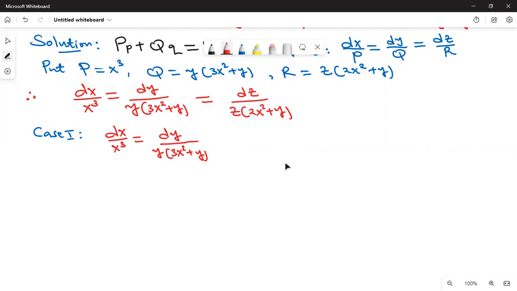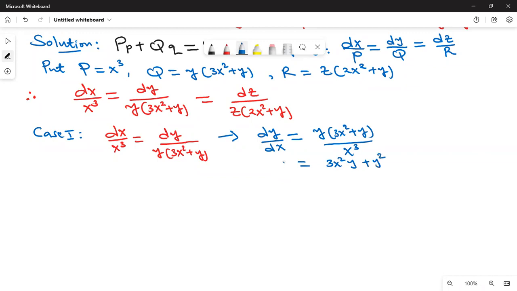So this is a first order ODE. We need to classify it before we find the solution. Remember, this equation can be written as dy over dx is equal to y into 3x squared plus y divided by x cubed, which, if I open the bracket, is the same as 3x squared y plus y squared over x cubed.